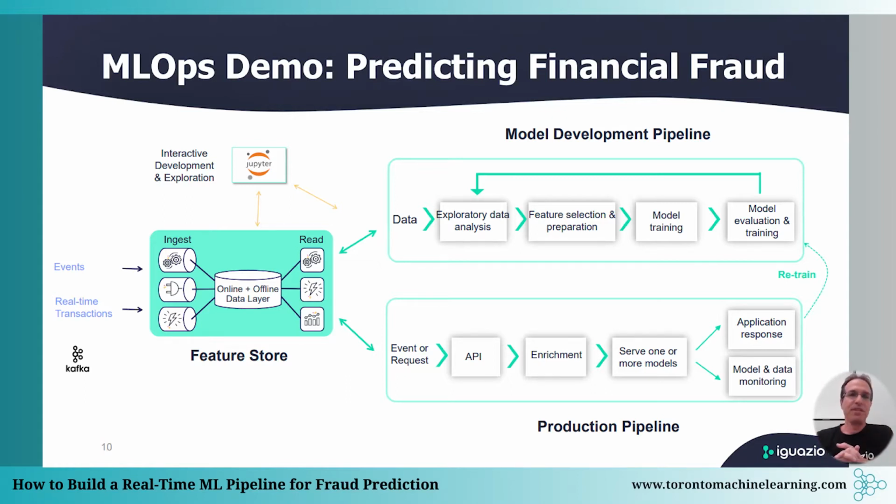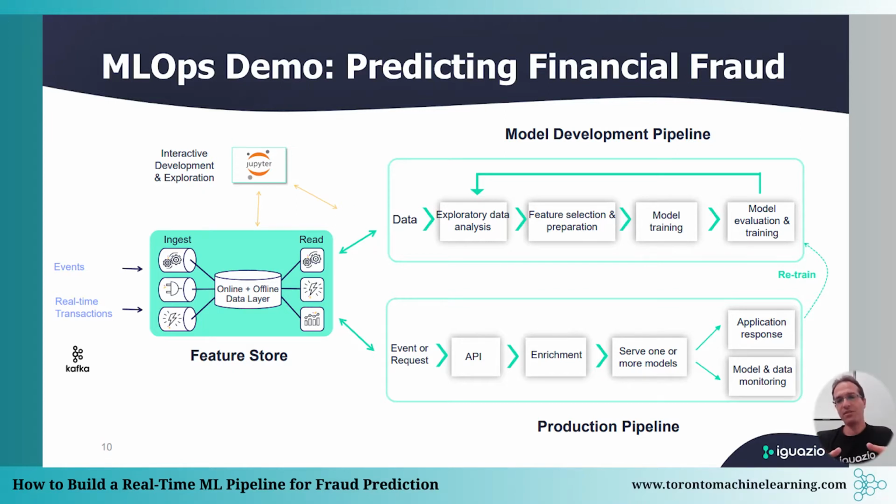Before I jump into the demo, I just want to give you some high-level illustration about what it's all about. In this demo, I'm going to show you how to create feature sets that get data from transactional data sets, like all kinds of credit card transactions, and events.